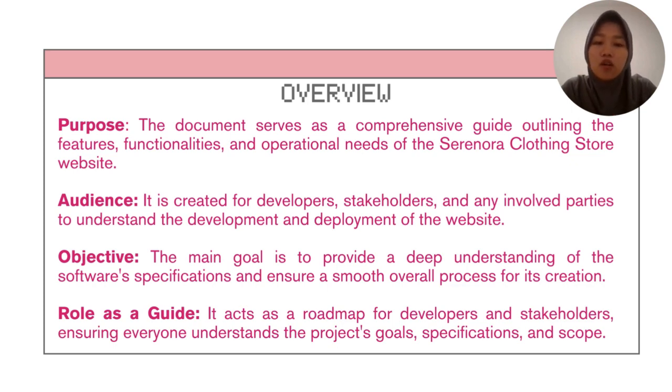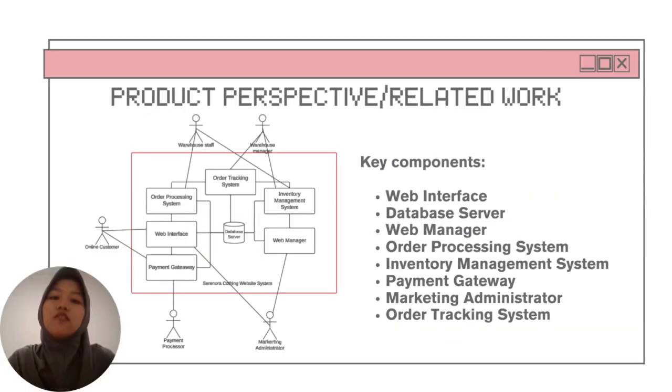The main goal is to provide a deep understanding of the software specification and ensure a smooth overall process for its creation. This document has a role as a roadmap for developers and stakeholders, ensuring everyone understands the project goals, specifications, and scope.